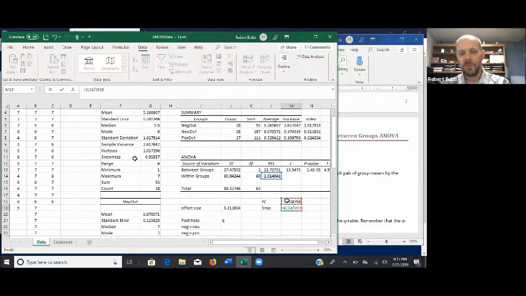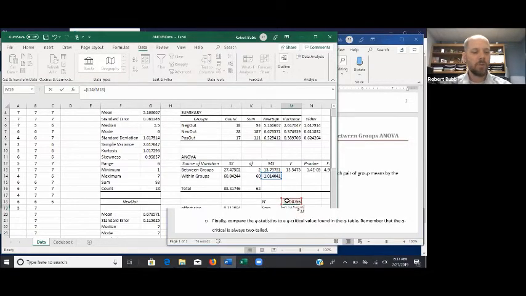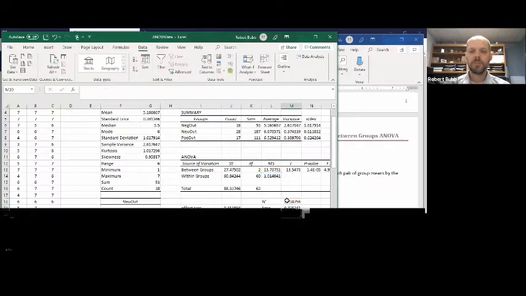I'll close parentheses, and I want to take the square root, so that means I'm going to take it to the power of 0.5. I'm going to get that little caret symbol and type in 0.5. Okay, and that's going to give me my standard error pool. It looks like we get 0.23 if we round it to 2 places. And so that's going to be the denominator in each of my calculations for the Q statistic.